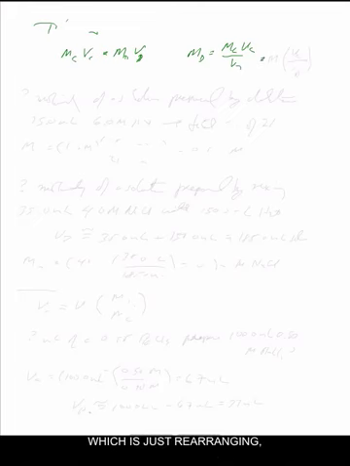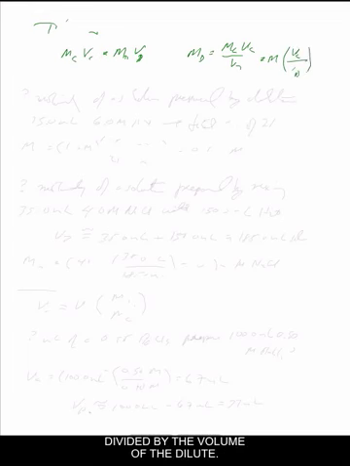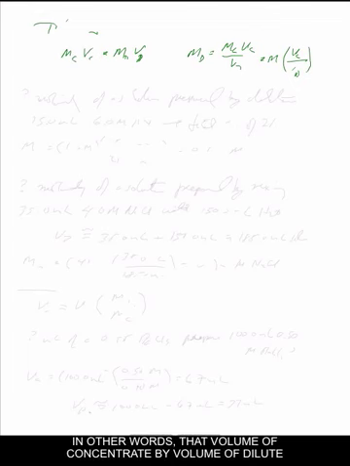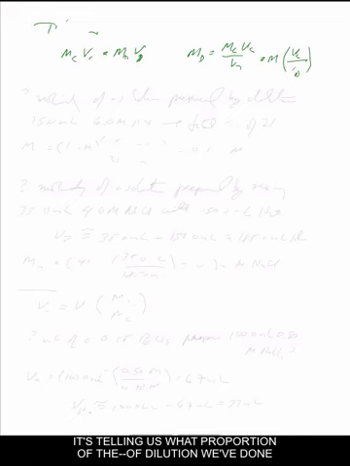In other words, that volume of concentrate over volume of dilute is sometimes called a dilution ratio. It's telling us what proportion of dilution we've done to change the molarity of the concentrated solution.